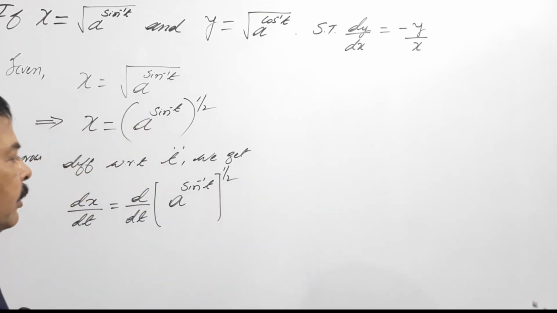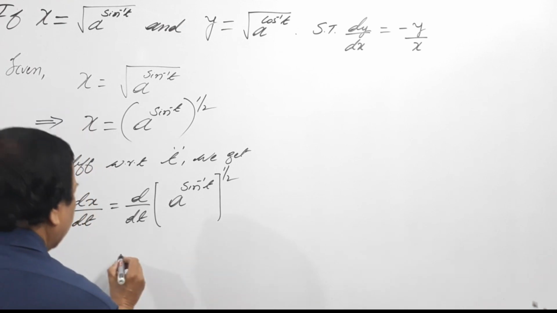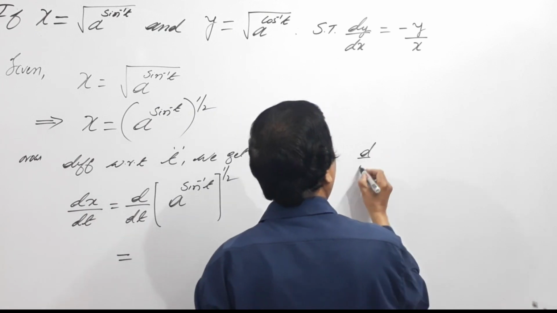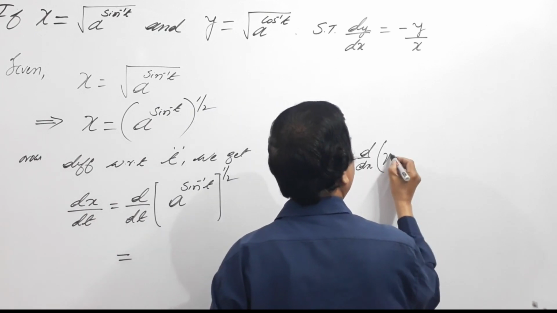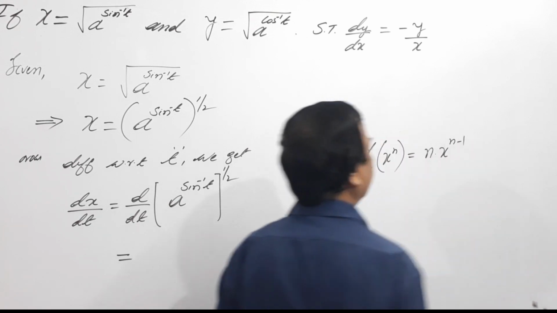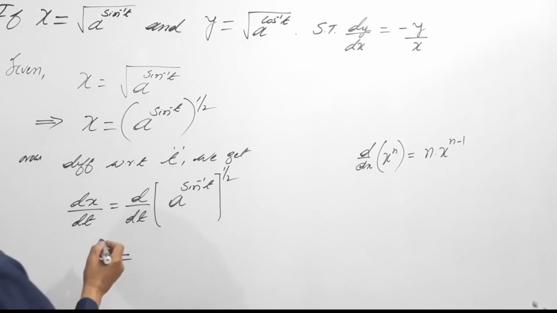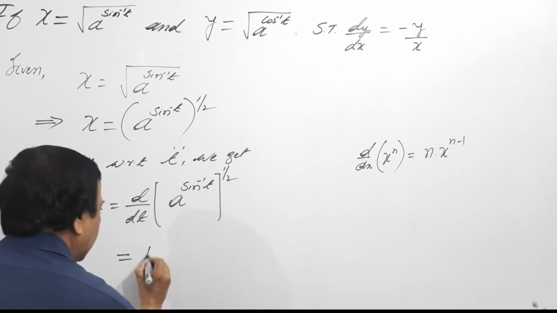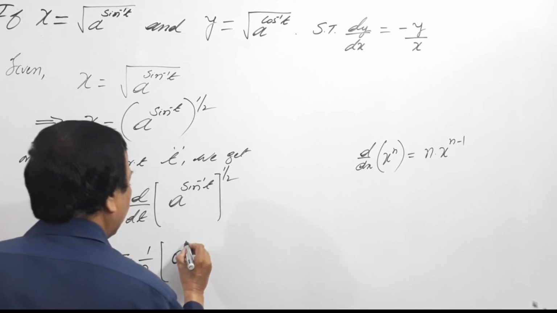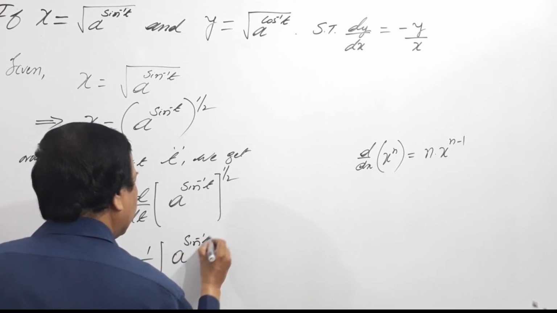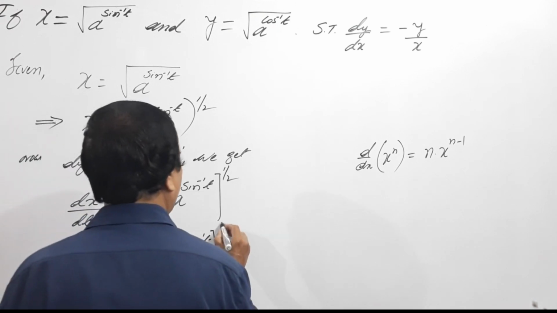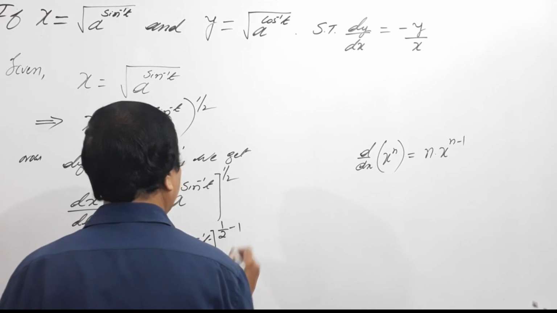Now you can do this. So if you differentiate, what do you get? This is d by dx of x to the power of n, which is nothing but n into x to the power of n minus 1. Done. So I'll use that concept. What happens here? This becomes half into a to the power of sine inverse t, whole to the power of half minus 1.